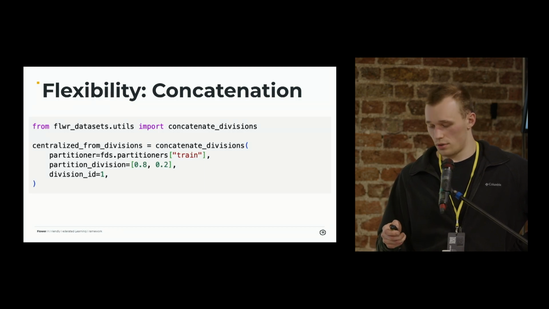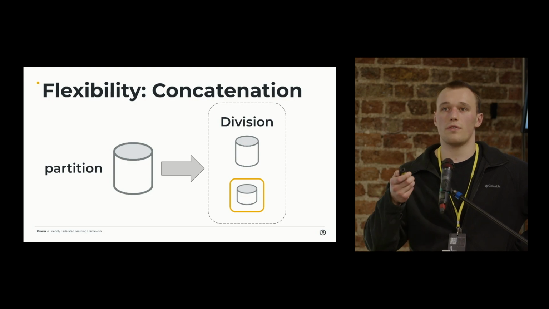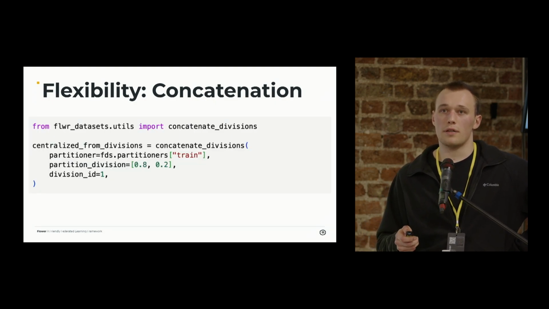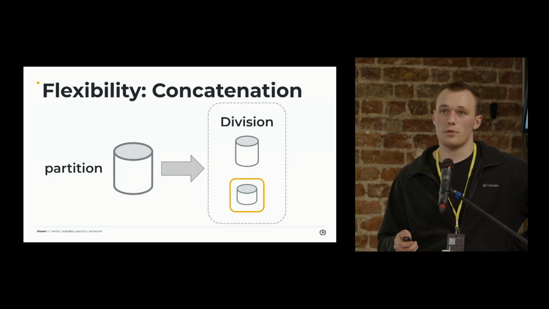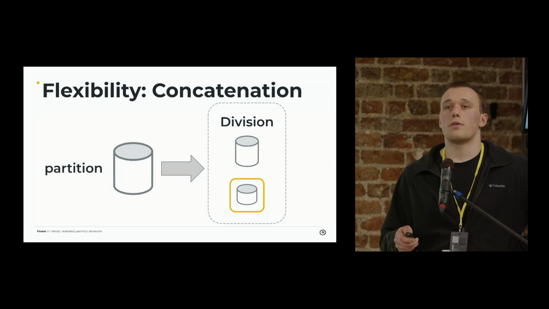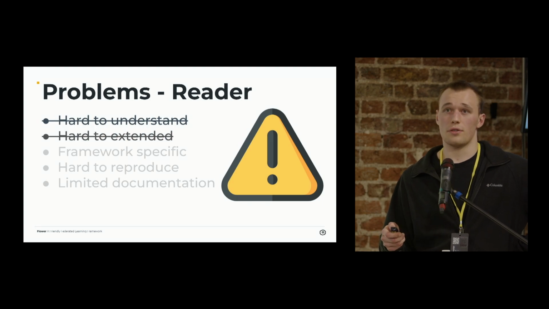So you choose, for example, in that case, if I specify the list 80-20, then if I pick the division ID 1, it will correspond to that little thing that has an orange box around it. So we have the centralized dataset creation also enabled.